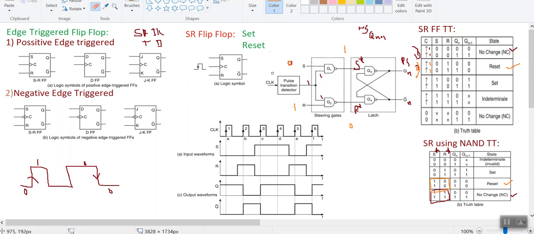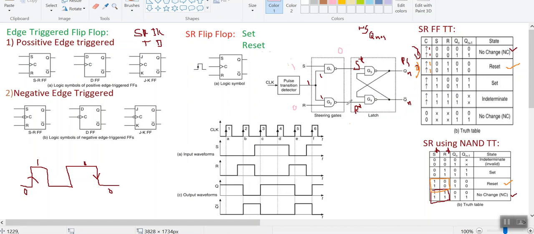If we move to the case 3 condition, S is equal to 1 and R is equal to 0. So I will explain that now. Here we can observe S is equal to 1 and R is equal to 0. The clock signal is always 1, so 1 into 1 is 1, and 1 is inverted as 0.